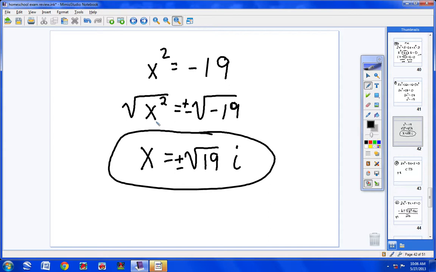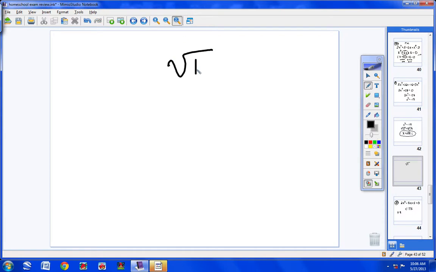Yes, Chase, go ahead. Okay, first of all, Matthew, what he asked is why do we put the plus minus? Anytime your power here is even, so 2, 4, 6, 8, 10, 12, and you take the root of both sides, you have to put plus minus. Now here's why. Let me put a new screen up here real quick. If I had the square root of 16, you know the answer to that is 4.